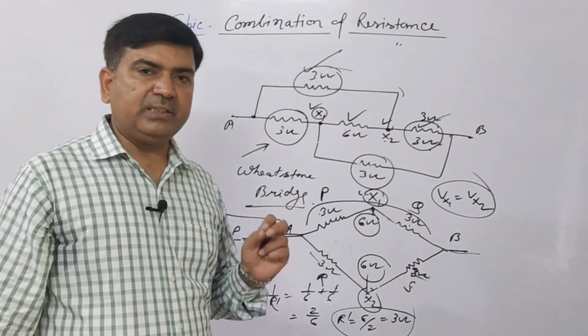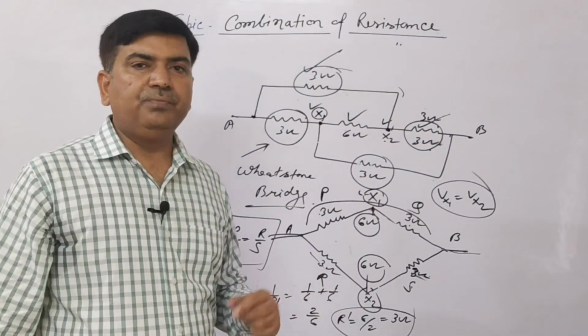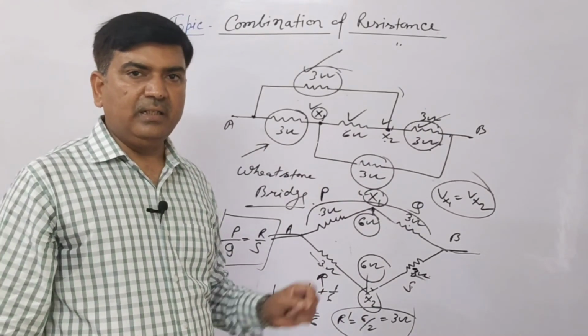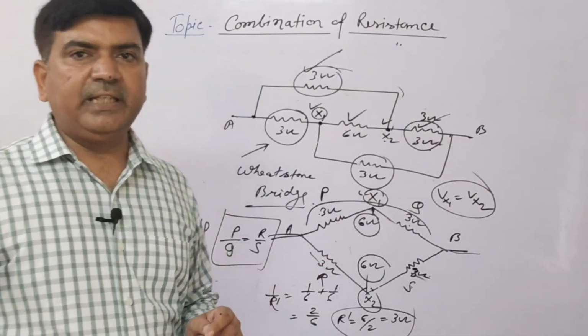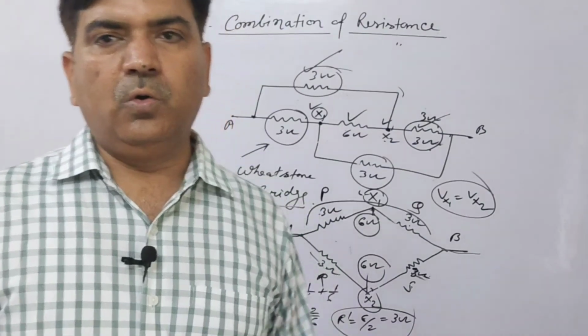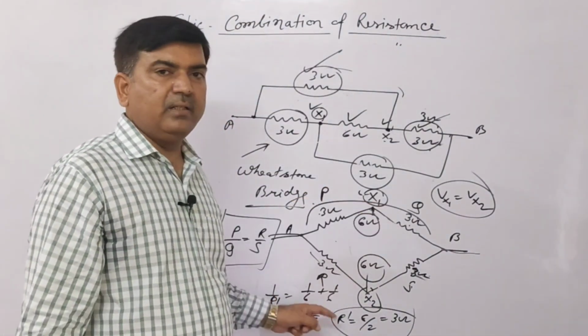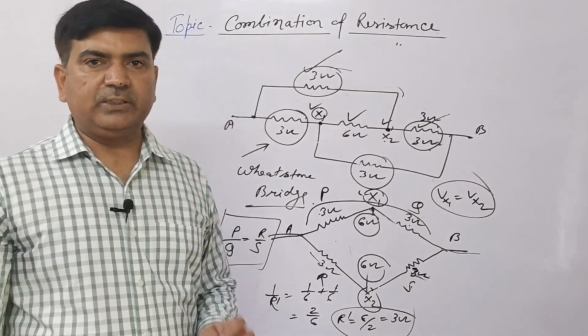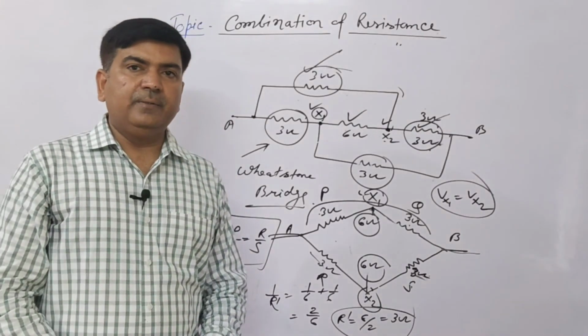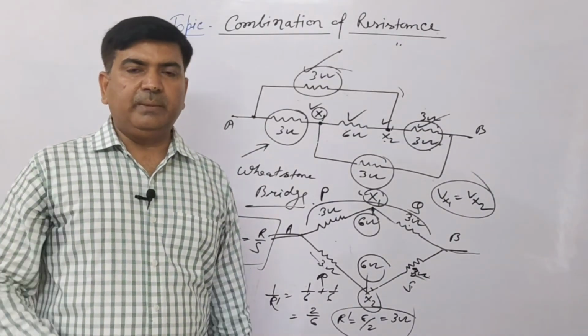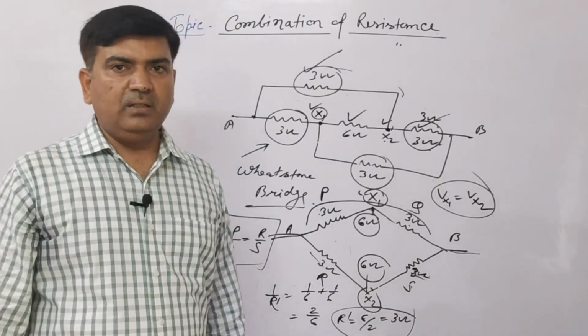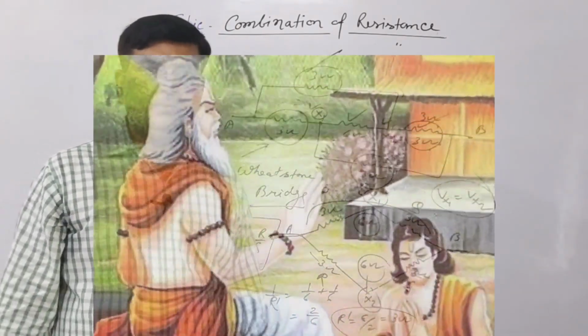If all the resistances are 3, the equivalent resistance is 3 ohm. If all have equal value 4 ohm, then the equivalent resistance is also 4 ohm. If all the branches are 6 ohm, then the result is also 6 ohm. So children, now we have to discuss different types of numericals in the next part of this video.